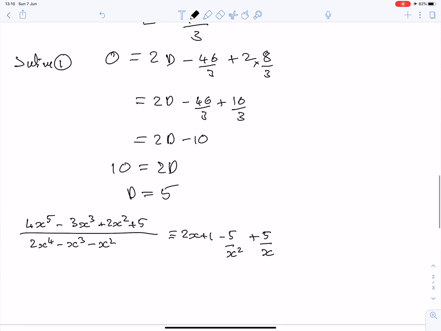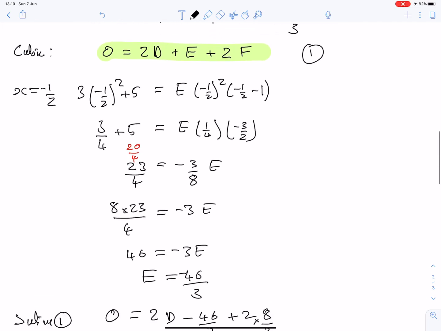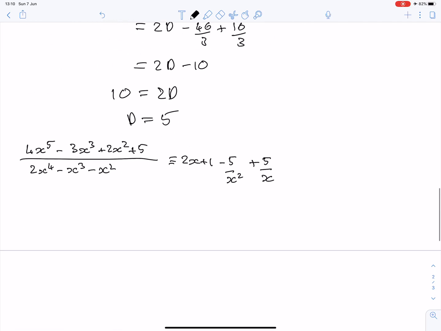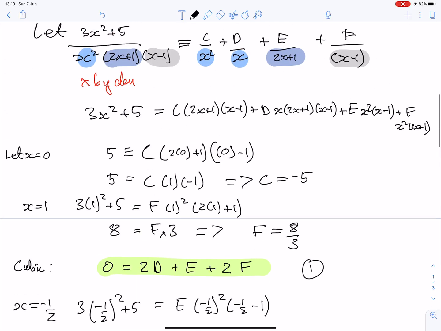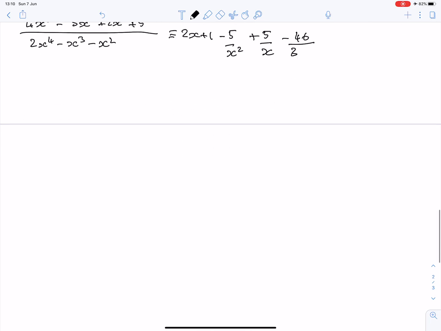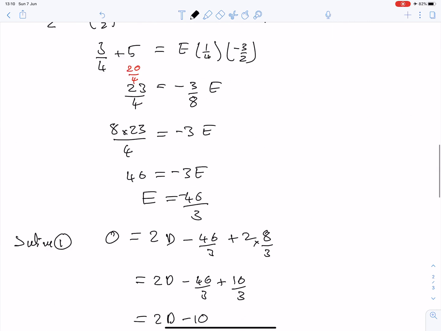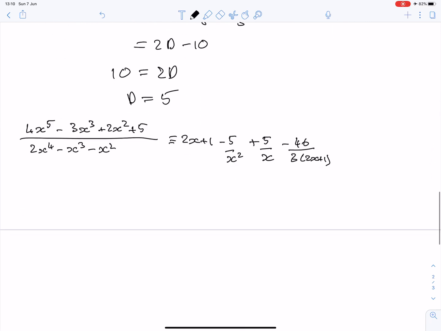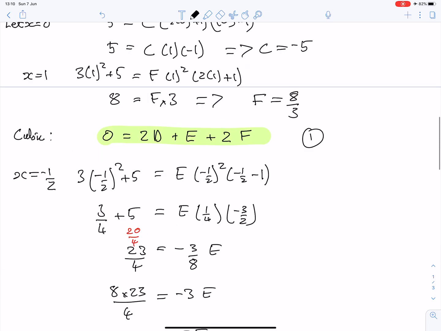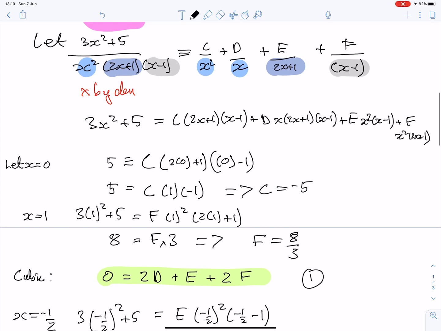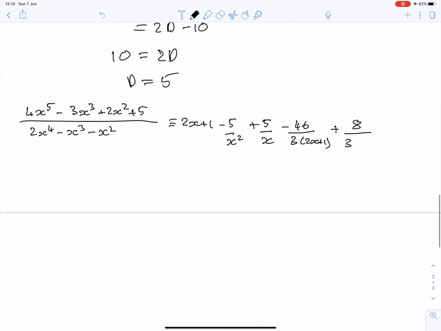So a, b, c, d, e: minus 46 over 3 lots of 2x plus 1. And lastly, f, 8/3 of our final factor on the denominator, which was x minus 1.